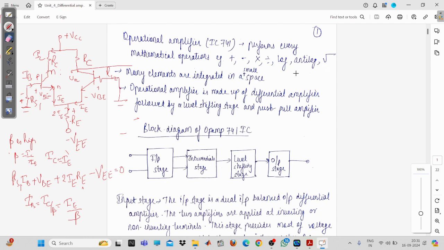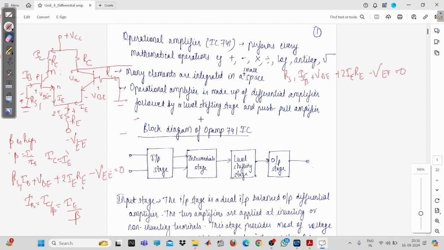Now I'm writing here: RS1 into IE upon beta, then plus VBE, then plus twice into IE into RE, and minus VEE will be equal to 0.